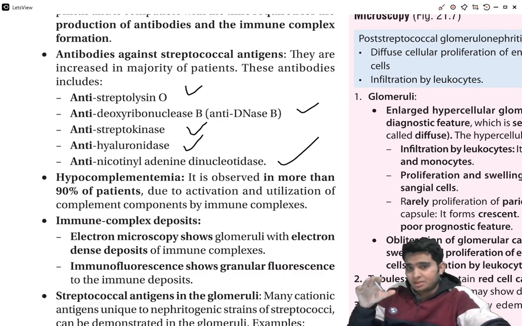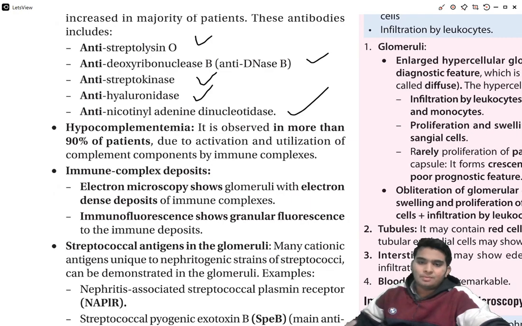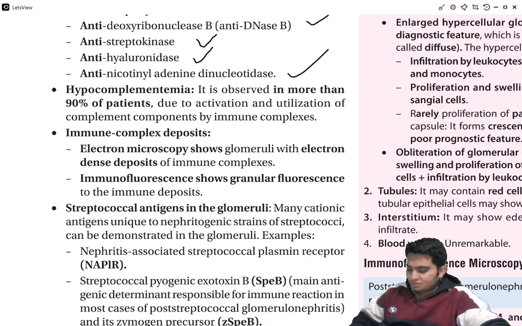If you have to understand this mechanism in detail, you have to understand the immunology part first. Now, immune complex deposits. Electron microscopy shows glomeruli with electron-dense deposits of immune complexes, and immunofluorescence shows granular fluorescence to the immune deposits.